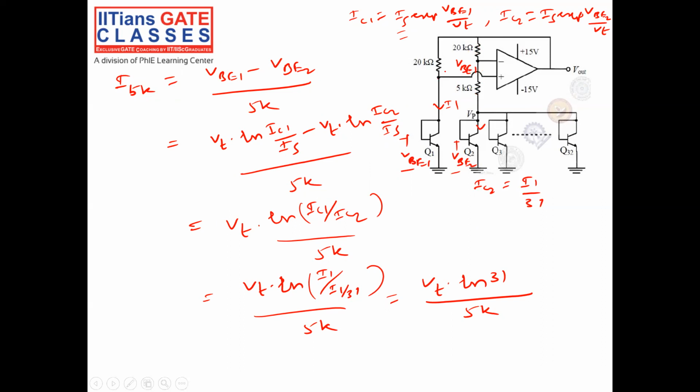So now what is the output voltage? Now it is very easy, right? The current in 5K is nothing but I1, which is equal to VT ln 31 by 5K. So what is the output voltage now?